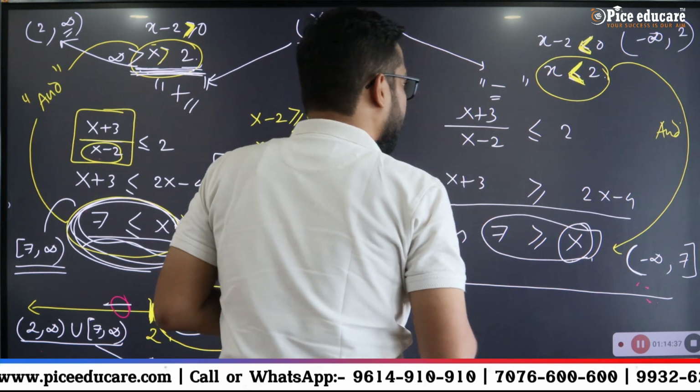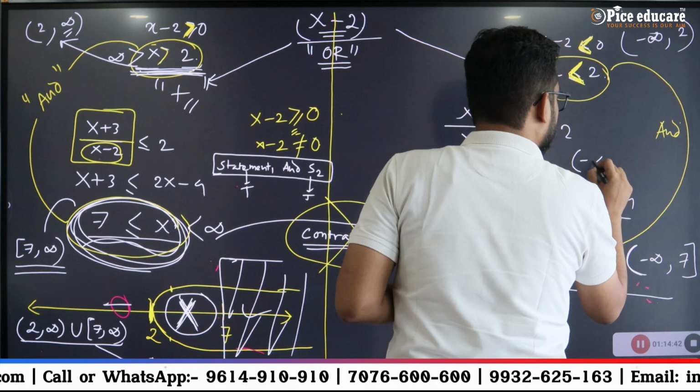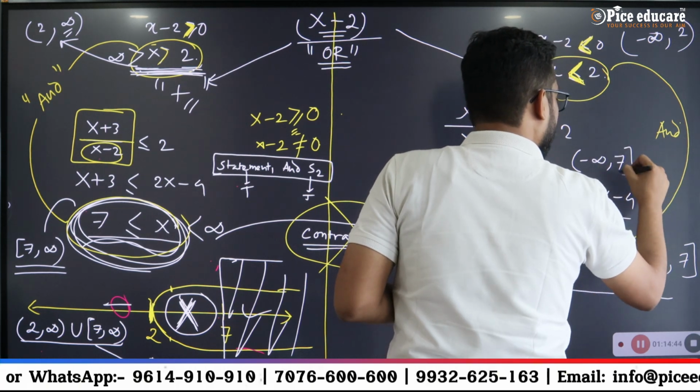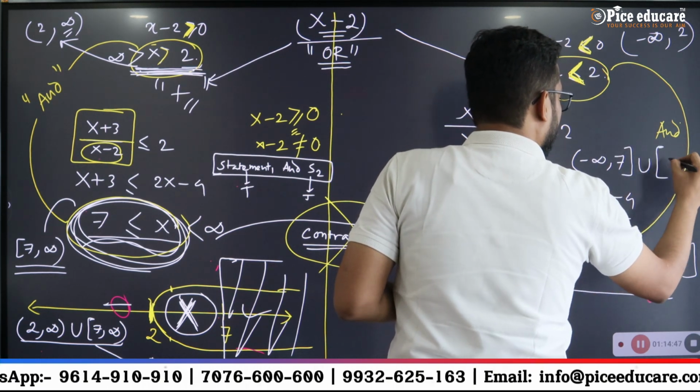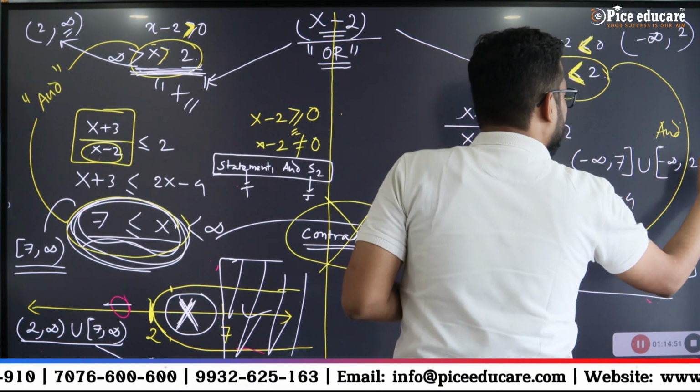So what we are essentially doing is taking the union. So minus infinity to 7 union minus infinity to 2.